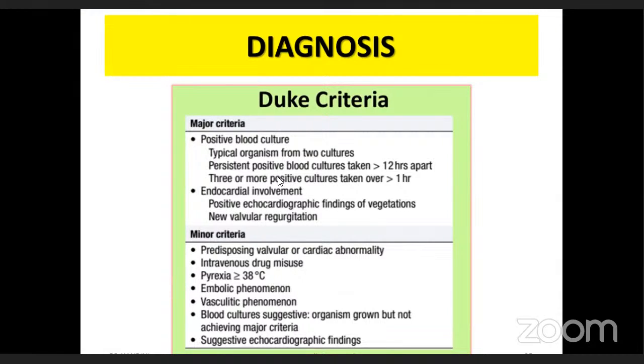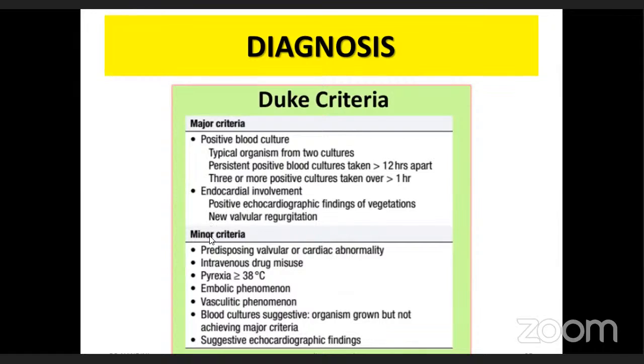And persistent positive blood cultures taken more than 12 hours apart, or 3 or more positive cultures taken over more than 1 hour. And endocardial involvement is a must, that is vegetations on echocardiography, or new valvular regurgitation. It can be aortic or mitral.